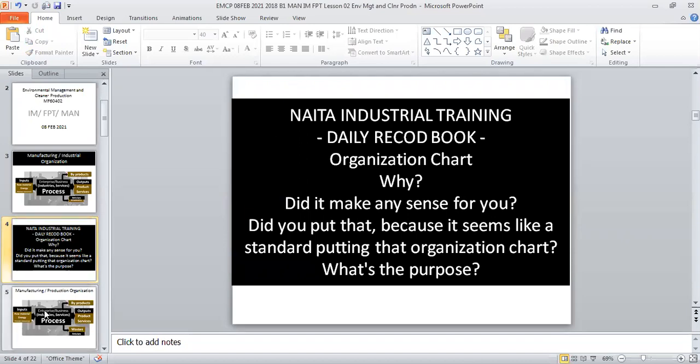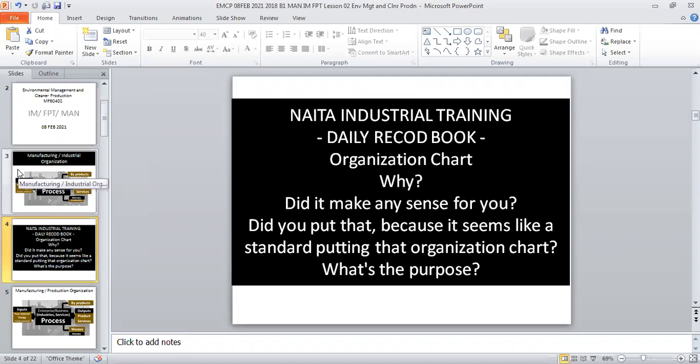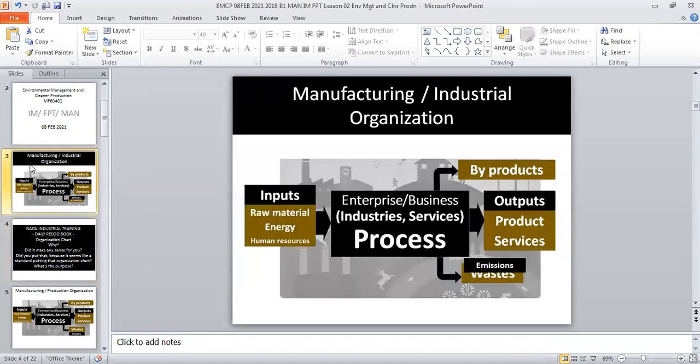Okay. So there is a big purpose of understanding this manufacturing industrial organization.